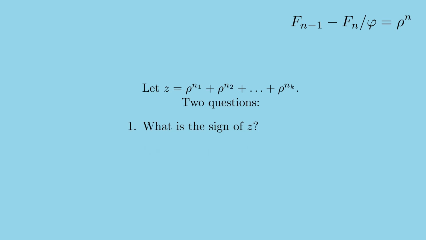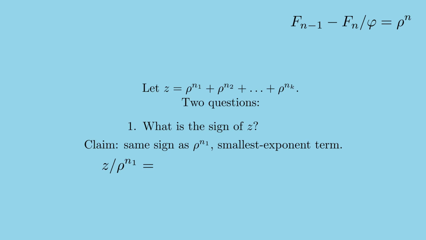Since the powers of rho go to 0, we claim that the sign is actually determined by the sign of the smallest power of rho. In other words, that term is so large that no matter how many terms of the opposite sign there are, they can't cancel it out. Why is that? Well, say the smallest exponent is n1. We compute z over rho to the n1 and prove that this is positive.